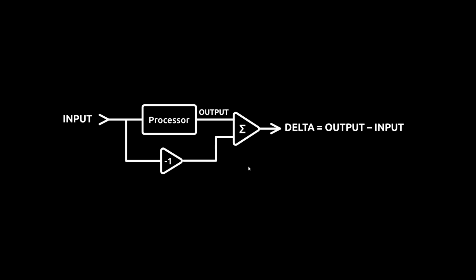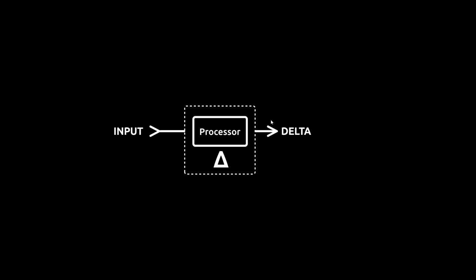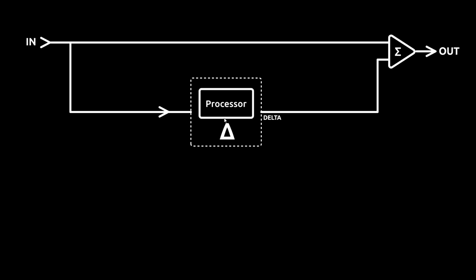And instead of drawing all of this, we can use a bit simplified symbol instead. So this simply means that we have extracted the delta signal from this processor. So instead of running the whole signal through the plugin, we can keep the clean signal untouched and then add back what the processor changed.